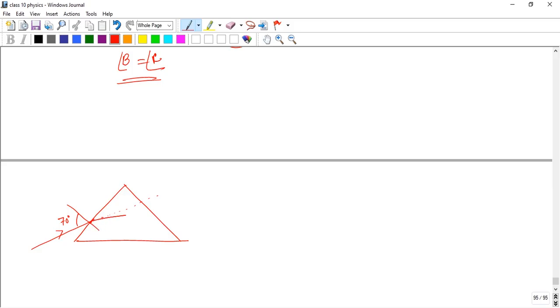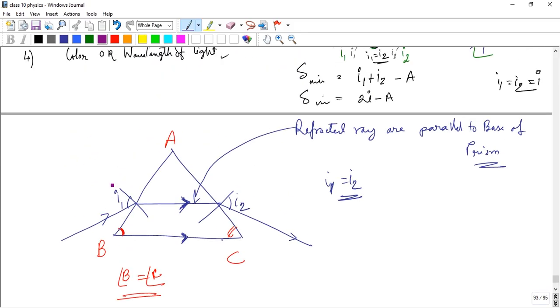This refracted ray is not parallel to the base, so after striking it becomes parallel to the base. Suppose there is a normal here, and these angles, let's say, are 33 degrees, and A is given. Suppose we consider A here.